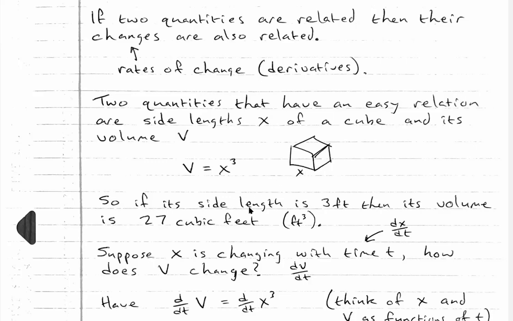For example, if this is 3 feet, this is 3 feet, and this is 3 feet, so all these are 3 feet, then the volume is 27 cubic feet.